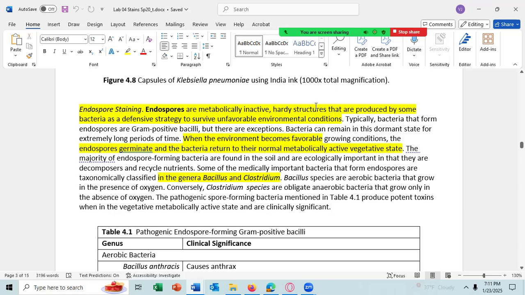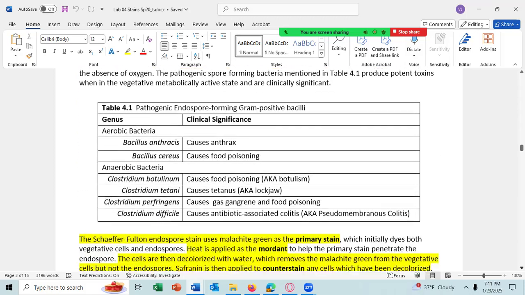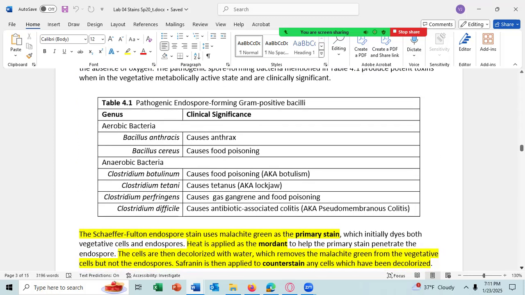This table is showing you some of the bacilli that form endospores that are clinically significant in humans. There's two Bacillus, Bacillus anthracis, which causes anthrax, and Bacillus cereus, which causes the disease of food poisoning.